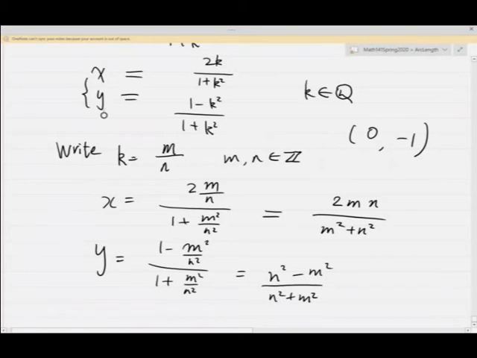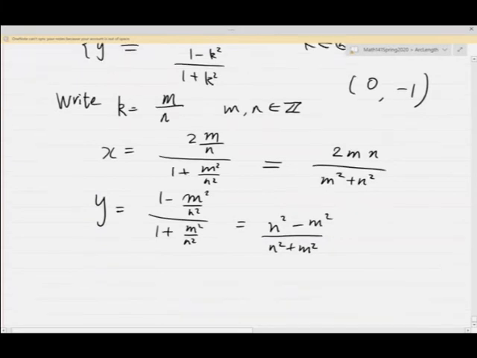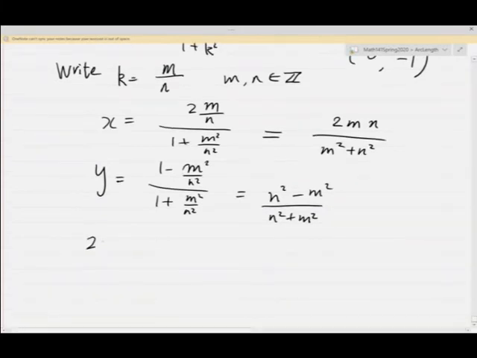Okay. Now, if you write in this form, you see x squared plus y squared equals 1.